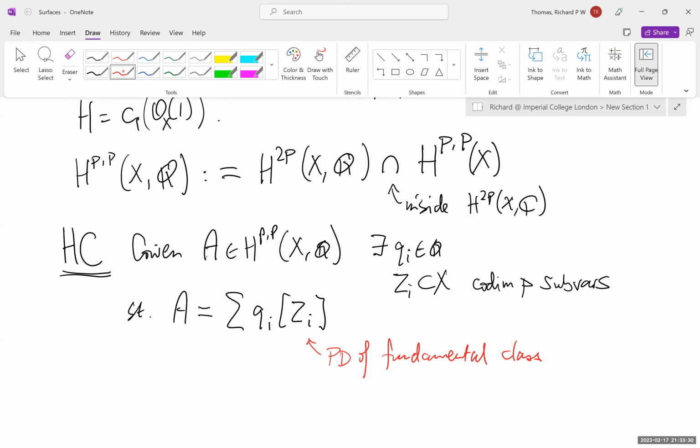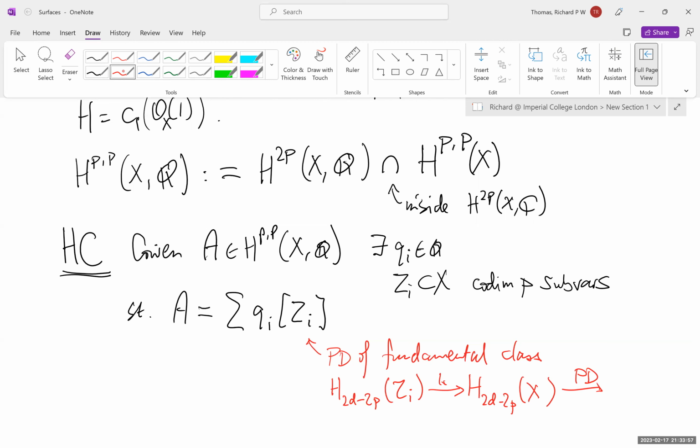What you do is, Z_i might be singular, so it's important to use homology. So I would take H_{2d-2p}, the top dimensional homology of Z_i. That's where its fundamental class would lie. And then I push it forward to the homology of X. And then I use Poincare duality.